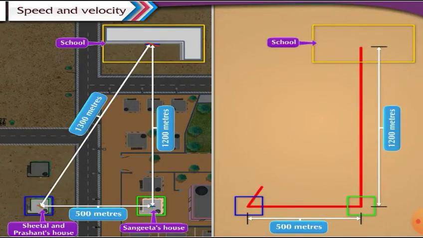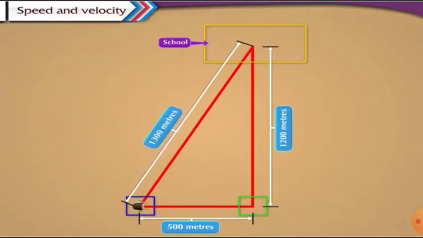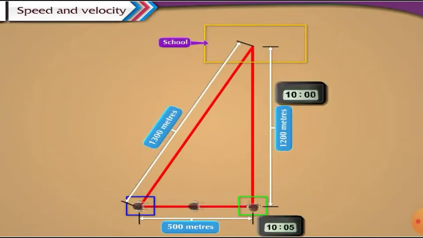Also, the straight line distance between Sheetal's house and school is 1300 meters. Sheetal took 5 minutes to reach Sangeeta's house, and from there she took 24 minutes to reach school. Come, let us determine Sheetal's speed and velocity using this information.